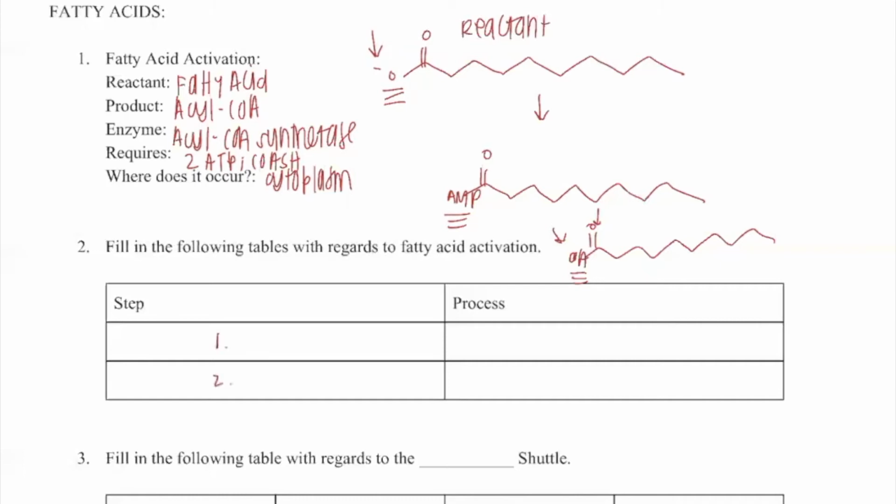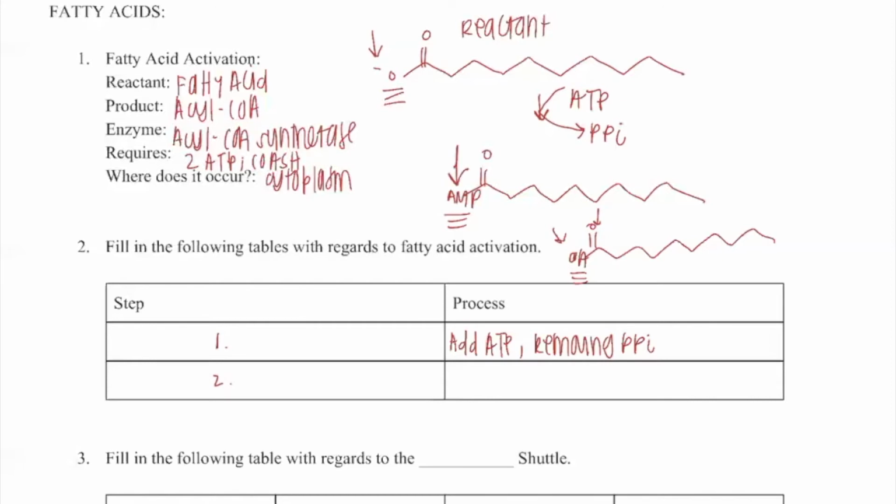Now for the second part, we're just looking for 2 steps. So step 1 and step 2. What is happening? Going back to the drawing that we've made right here, the first step, it seems like we're adding an ATP, but we're removing a pyrophosphate. That's what PPi stands for. So we are inserting an ATP in here, but we're also getting out a PPi, or a pyrophosphate, and we're inserting this AMP.